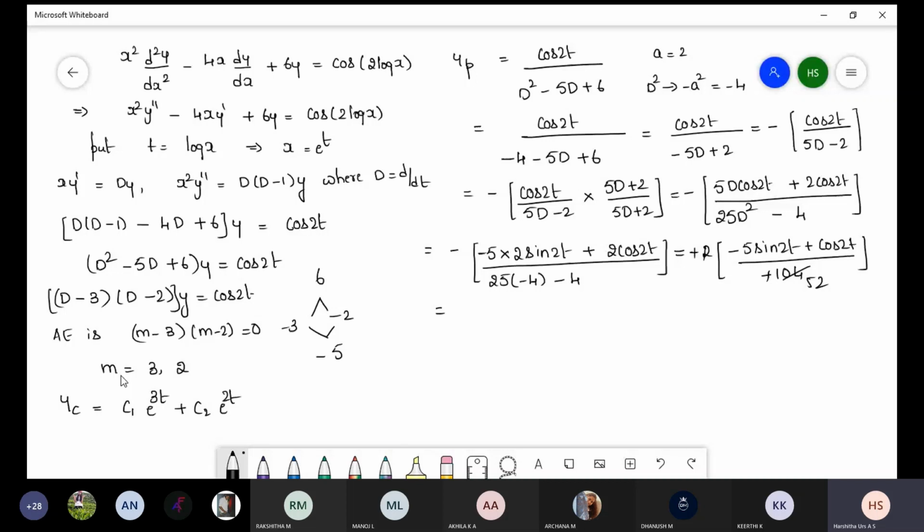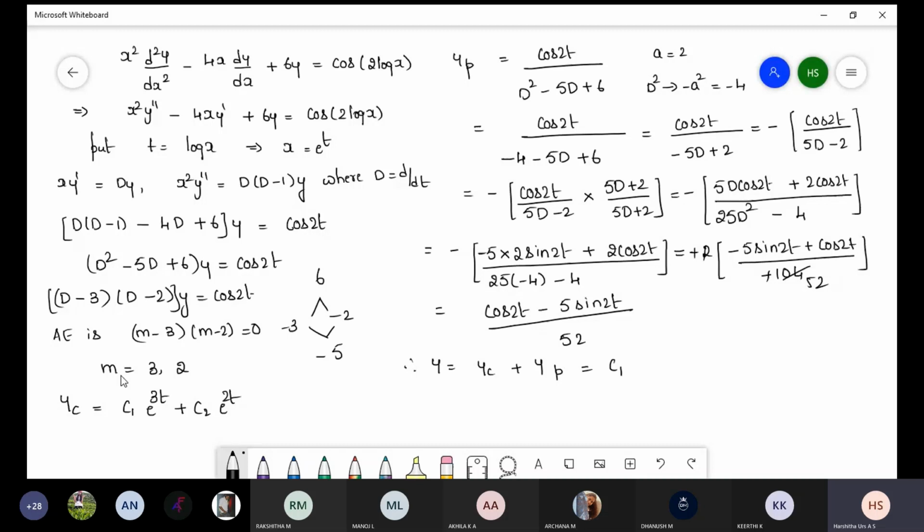Now we get cos 2t minus 5 sin 2t divided by 52. Therefore, y is equal to yc plus yp.